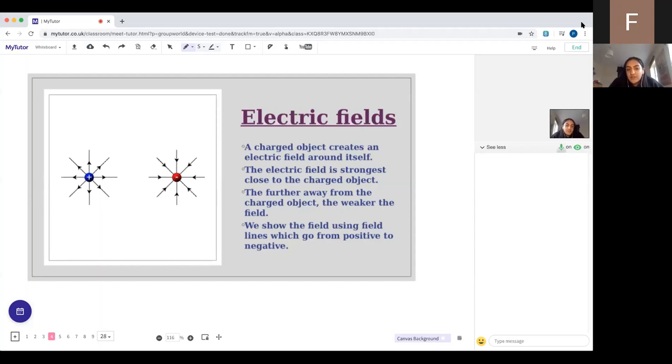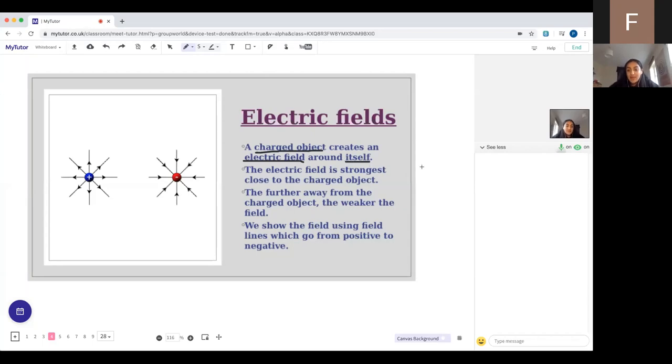Electric fields kind of do the same thing. If we take a charge, a positive or a negative charge, just a sphere of charge, we create an electric field. A charged object creates an electric field around itself.